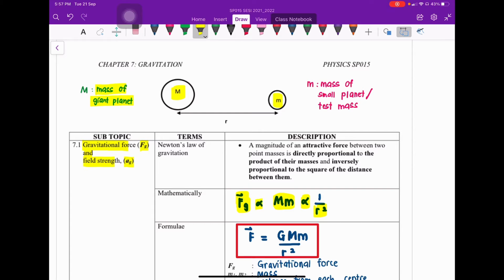The symbol small m refers to the mass of the small planet, or sometimes we call it a test mass. And be careful here, we need to measure the distance from the center of the first mass to the center of the second mass. This is actually r.